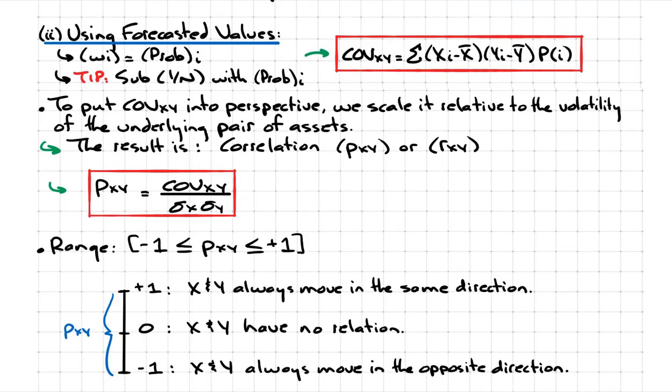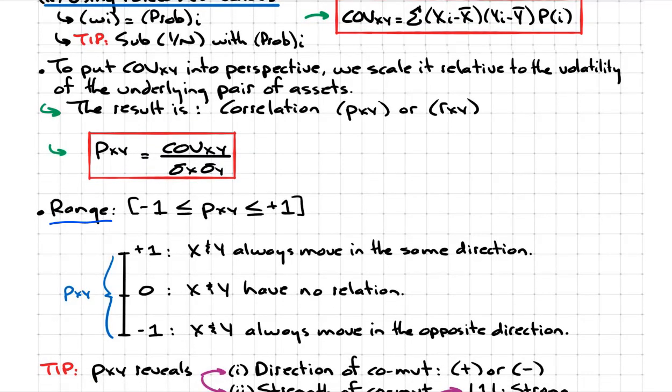So as we said before, what correlation does is it takes this degree of co-movement and says, okay, how big is this co-movement relative to the volatility of the two variables that you're looking at? So when you scale this co-movement, you get a range. The lowest value that correlation could take on is -1, and the highest value is +1. So it'll be within that range.